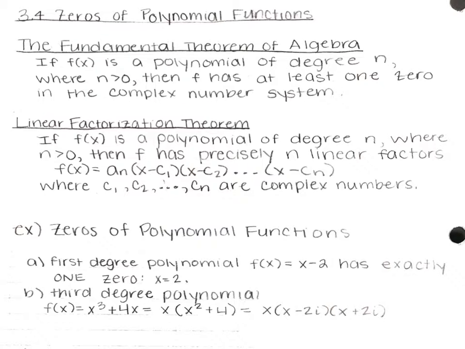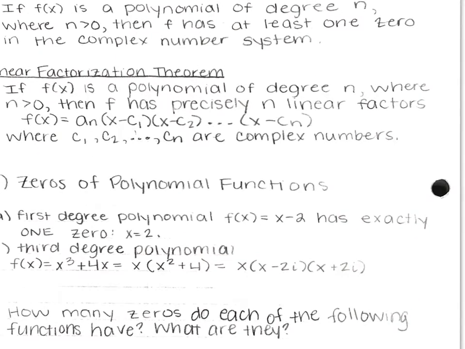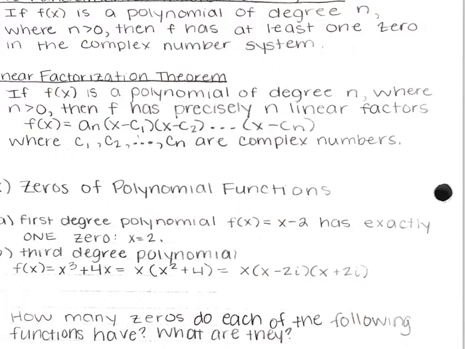If we look at this third degree polynomial, x cubed plus 4x, we have 3 zeros, where x equals 0, which you get from this particular factor, or x equals 2i, or x equals negative 2i. So here we do have a couple of complex solutions.